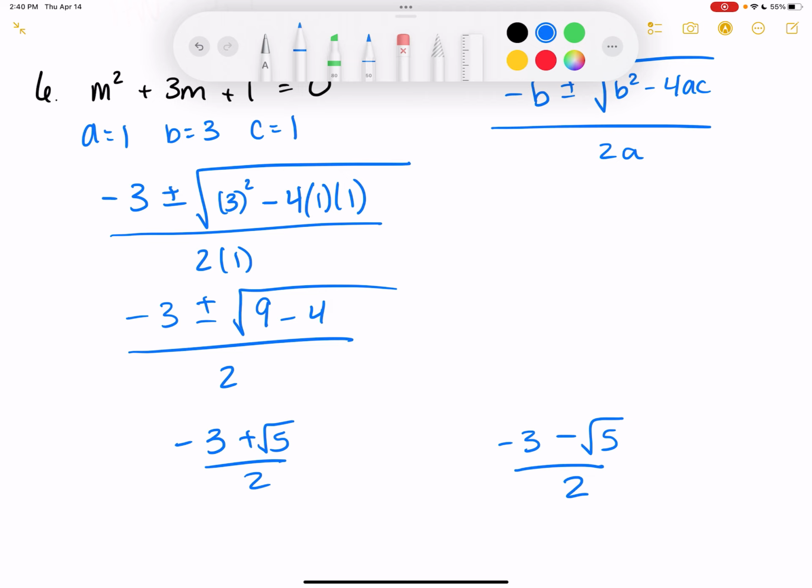Now your calculators are oh so smart, so you can type that into your calculator and get an answer. So you can do negative 3 plus the square root of 5 divided by 2. Somebody can tell me what they get for that.